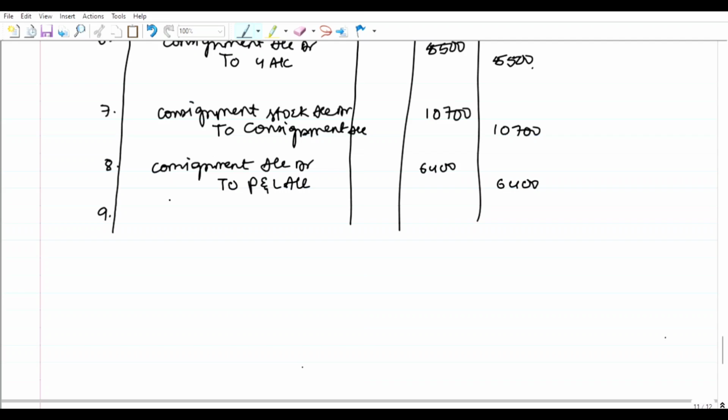And the next entry is for the balance due, which we are going to receive in the form of a draft. That means we write the entry as bank account debit to consignee account.